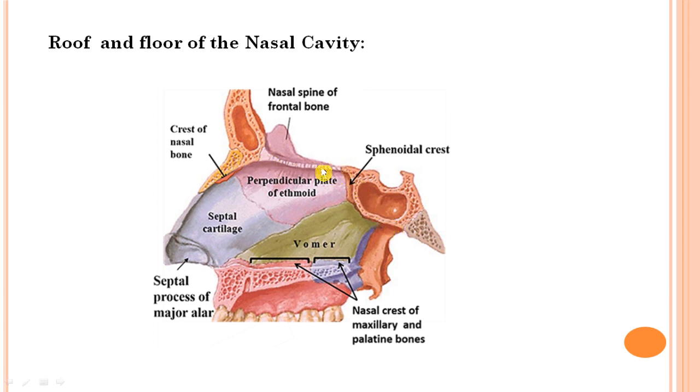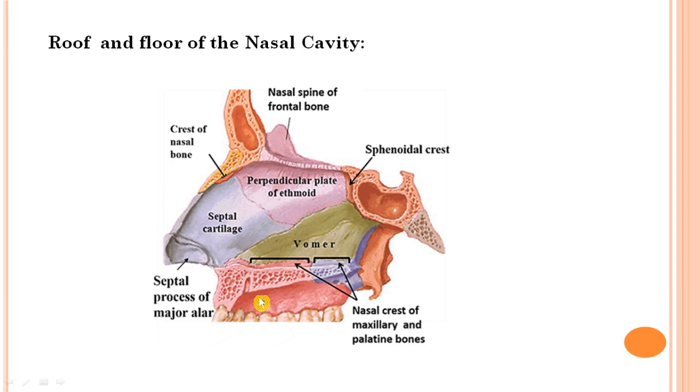And in the center, this whole horizontal roof is formed by the ethmoid bone. This ethmoid bone contains small grooves through which the olfactory nerves pass. So this is called the cribriform plate. So that's all about the roof.